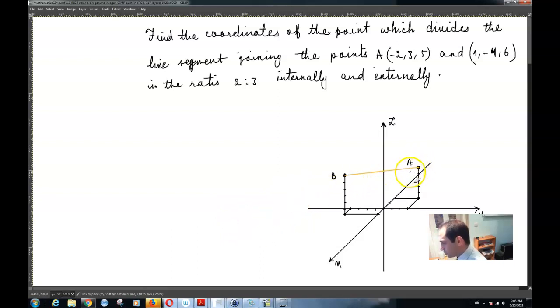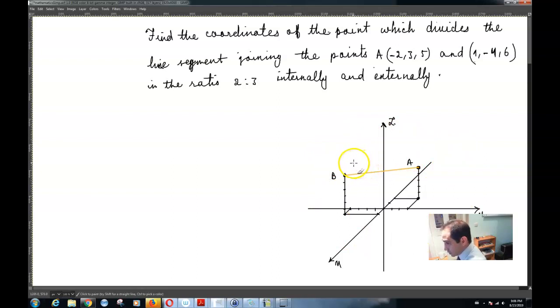Or you want the point to be somewhere between A and B, dividing AB internally in some ratio. So you need to understand what this external and internal and the ratio really mean in terms of where the point is going to be located in 3D space.